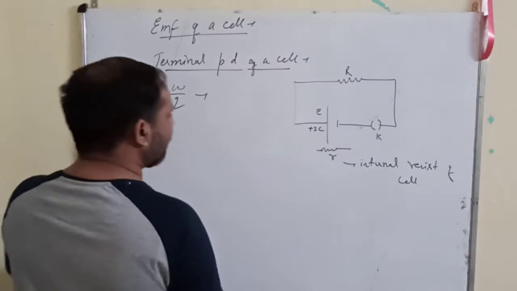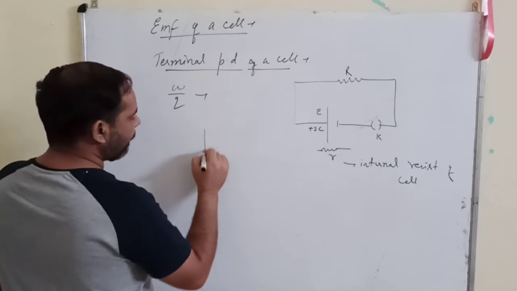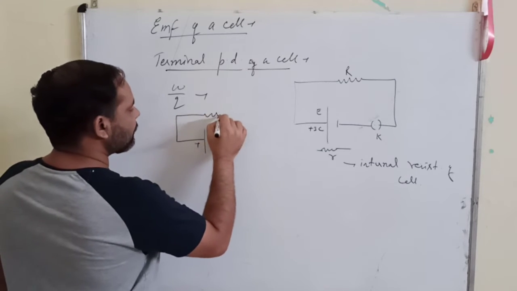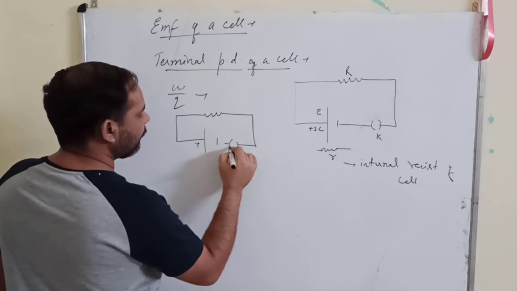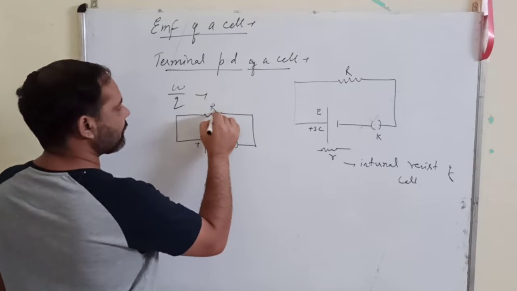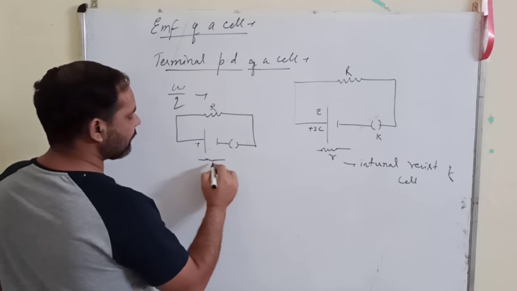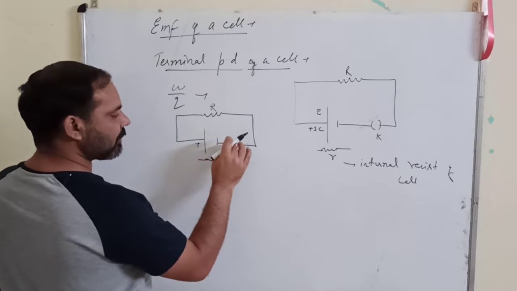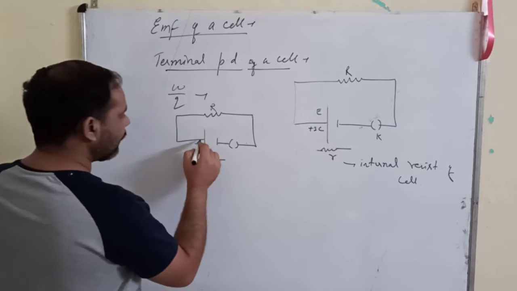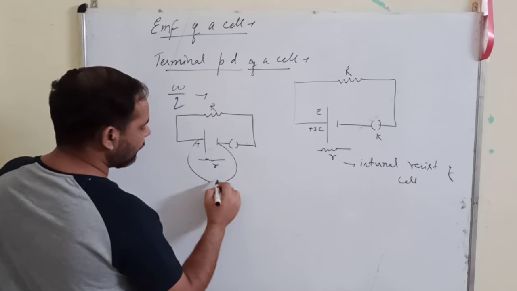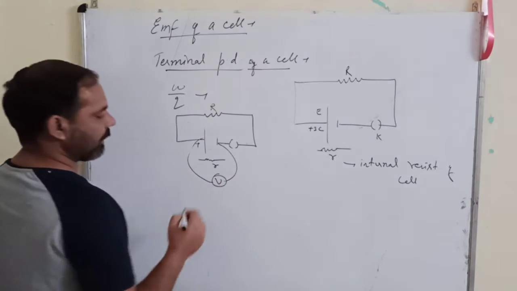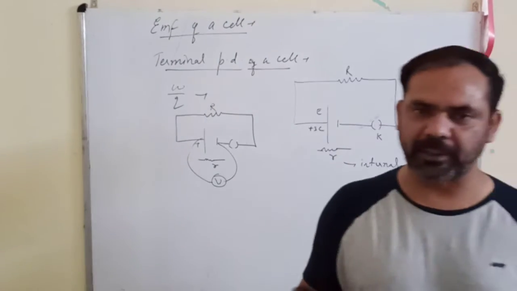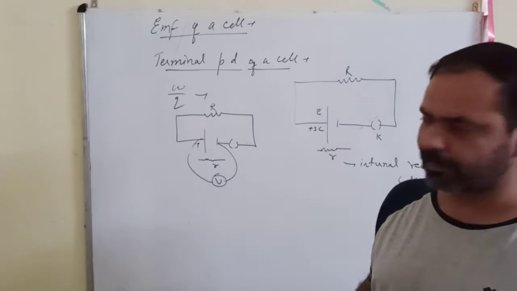Let me explain with a simple example. Suppose you have a cell, plus and minus, an external circuit R, and you put a key here. The internal resistance is r. Without closing the key, when the switch is open, you connect the terminals with a voltmeter. Whatever reading you get is the EMF of the cell.